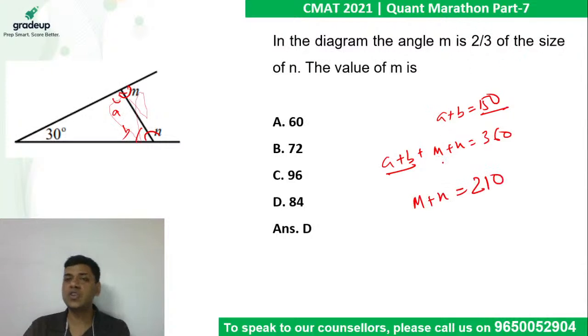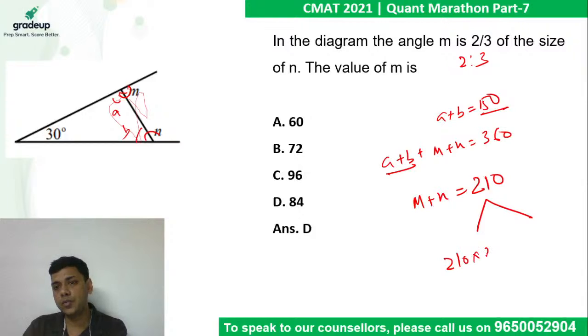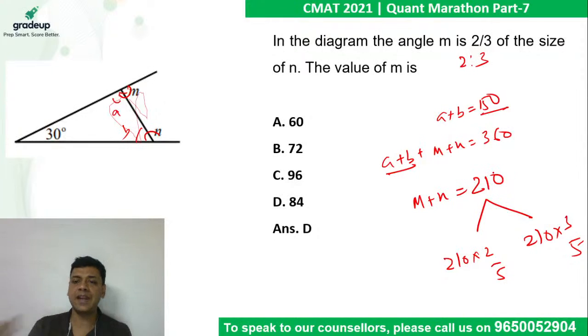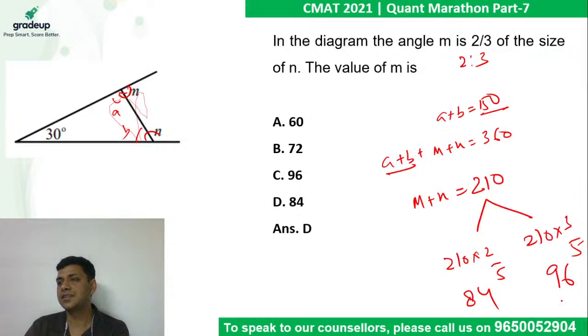Now I know the ratio of these two is 2:3. So basically we have to divide 210 in a ratio 2:3. So 210 into 2 by 5 and 210 into 3 by 5. This is angle M and angle N. This is 84. This is 96.